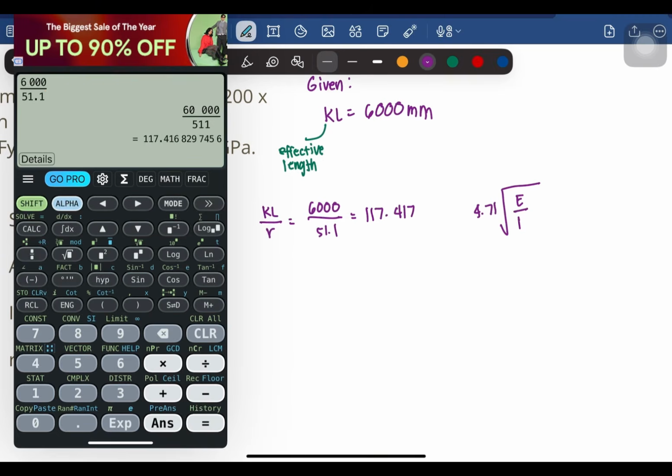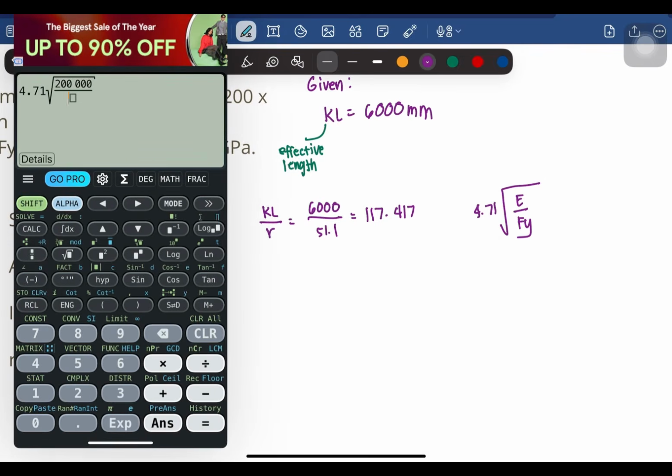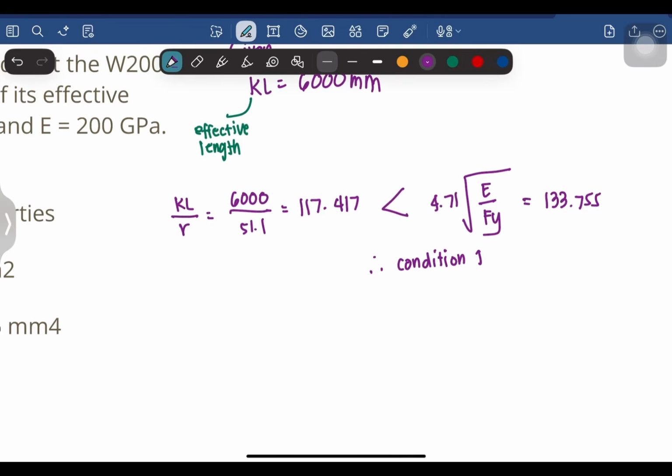Kung condition 1 or condition 2. So 4.71 square root of E 200,000 for the steel, then the given Fy is 248, to get 133.755. So this means that it is less than. So this will fall to condition 1, inelastic buckling.